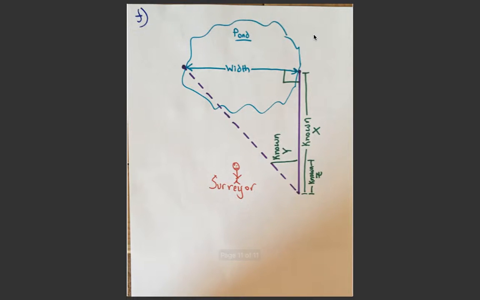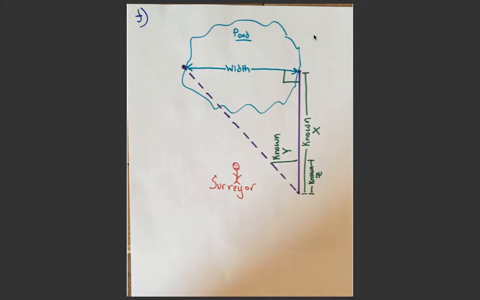Finally, we were asked to determine a way to find the width of a pond, and they told us we could use our strategy in part D when we measured the height of the tree. So we find one end of the width of the pond and walk perpendicular to the width some known distance x.